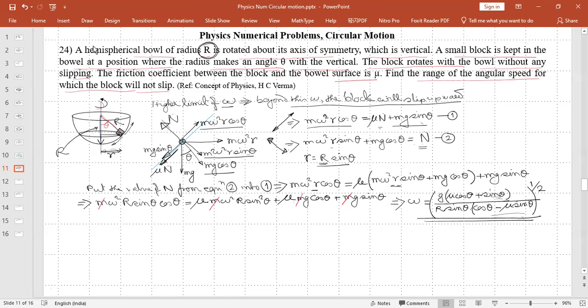Similarly, if we want to find out the lower limit of angular velocity, it will be easy now.